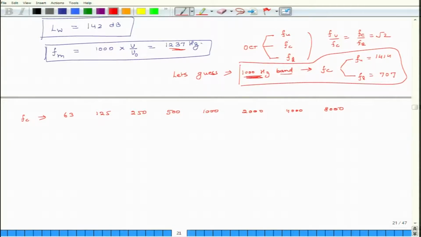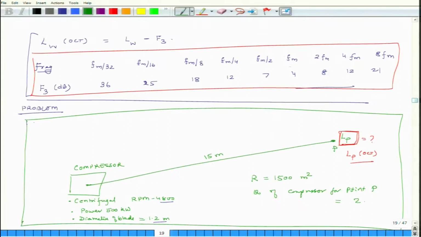And FM lies in this band. So, what is the value of F3 for this FM? 4. Where did I get 4 from? Look at this table. When frequency is FM, then F3 is 4 decibels.